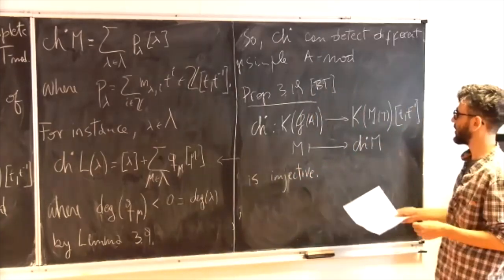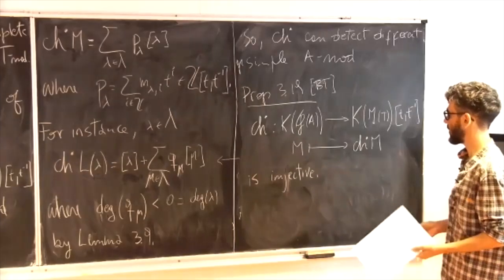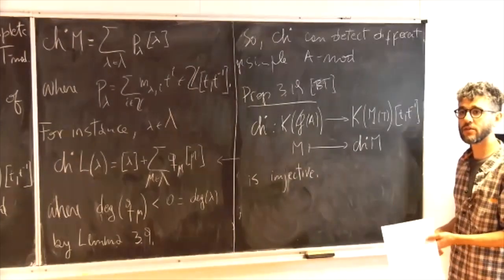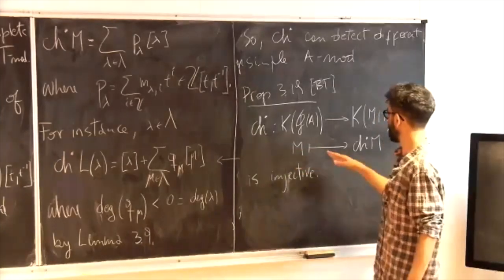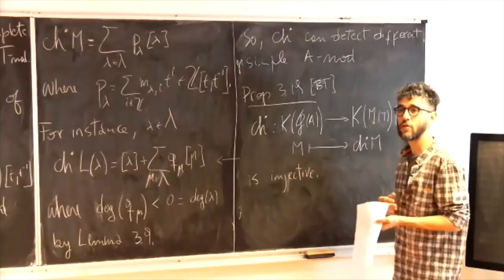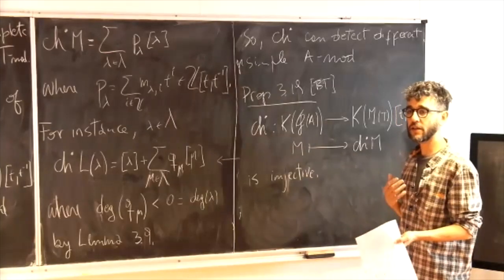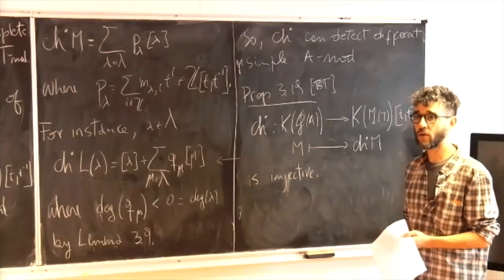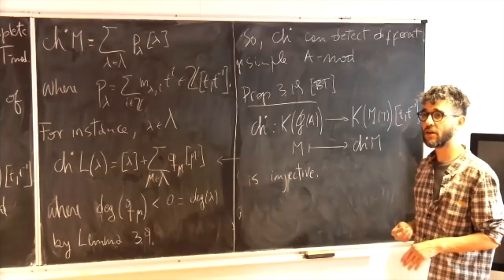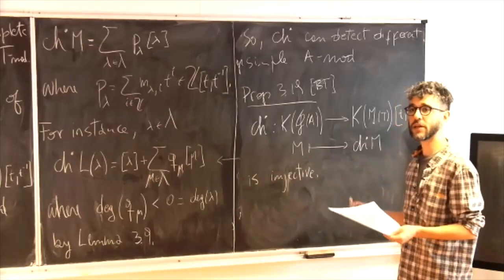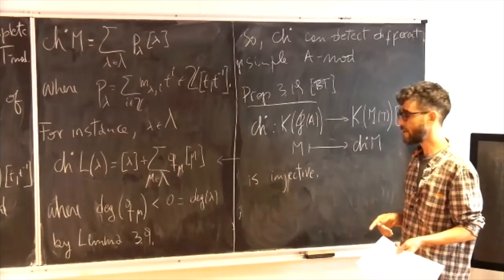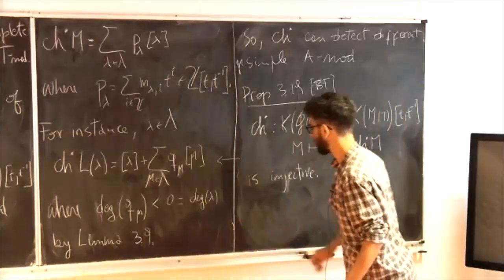And that means that the graded character gives us very good information about the structure of A-modules, because using that this function is injective, we can distinguish the objects, or we can deduce, for instance, the composition factors.